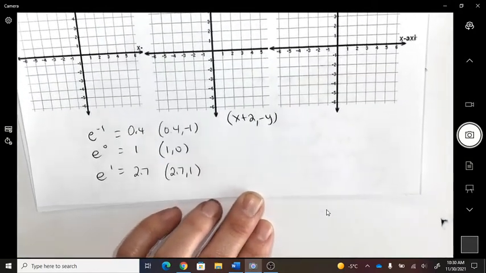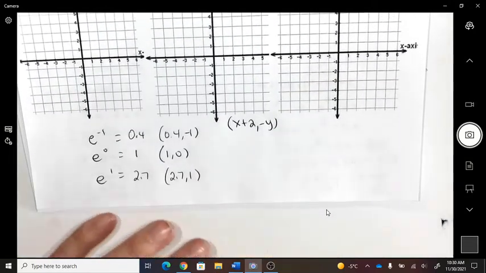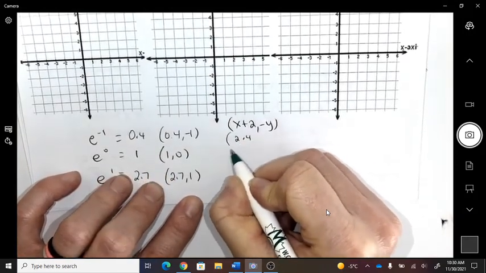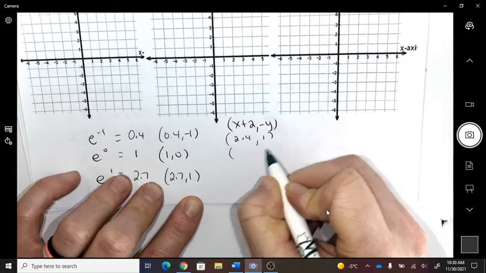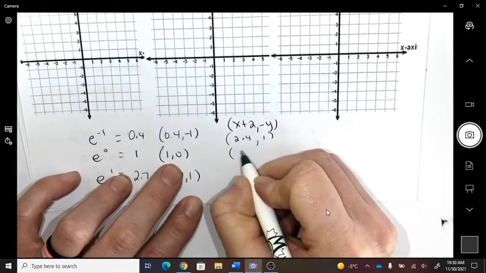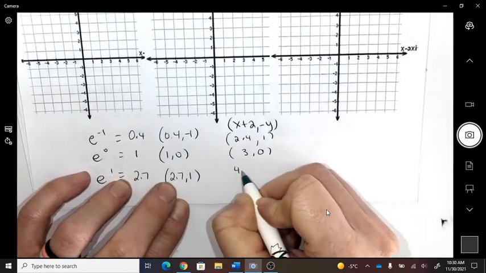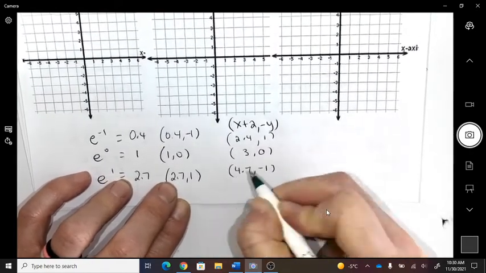X plus 2, negative y. So this will be 2.4, comma 1. This would be 3, comma 0, 4.7, negative 1.